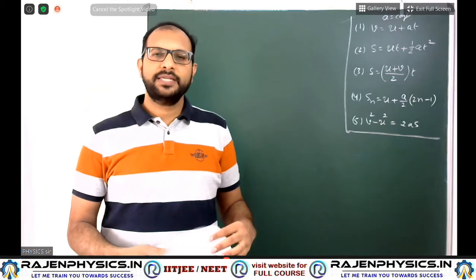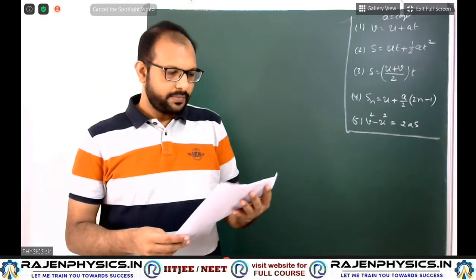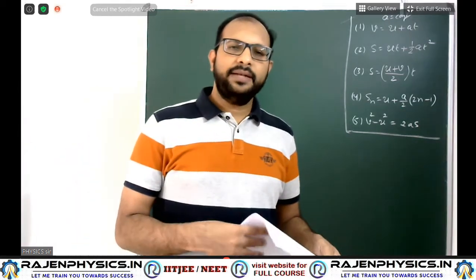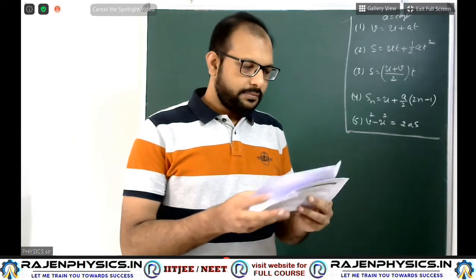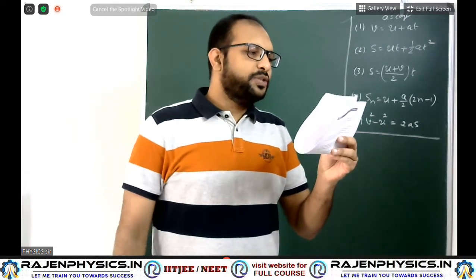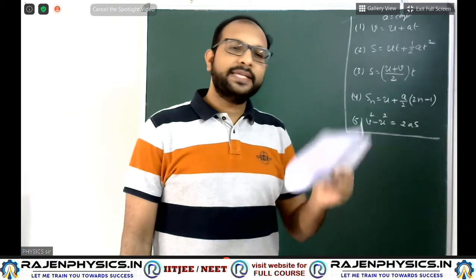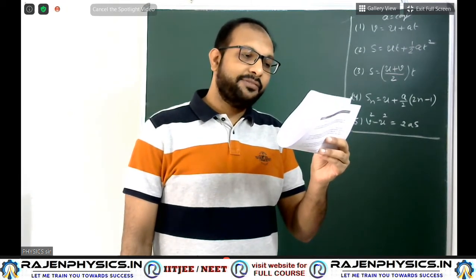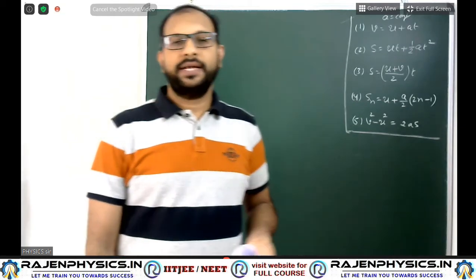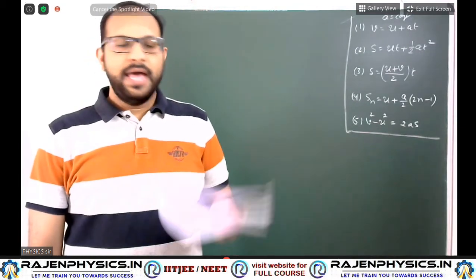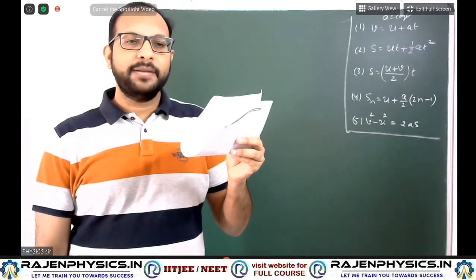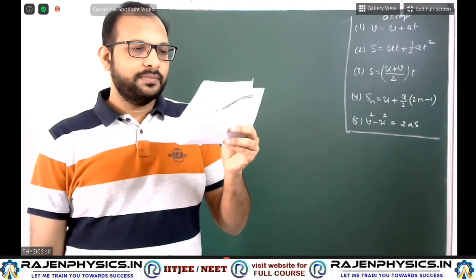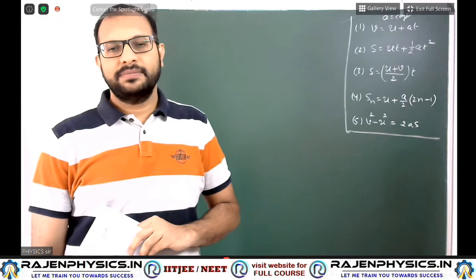Please all students keep the worksheet nearby. So first one: an object having velocity 4 meter per second is accelerated at the rate of 1.2 meter per second square for 5 seconds.